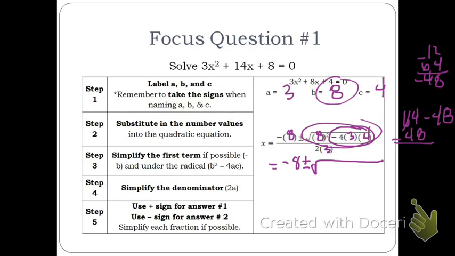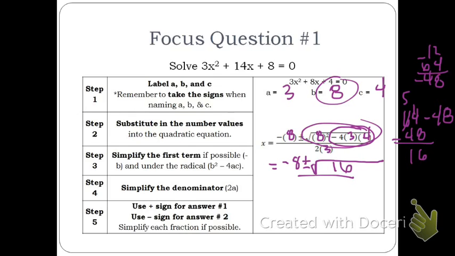So what do we get? 100. It's much easier to use a calculator on these. So you get the square root of 100 all over 2 times 3. Well, what is 2 times 3? 6.